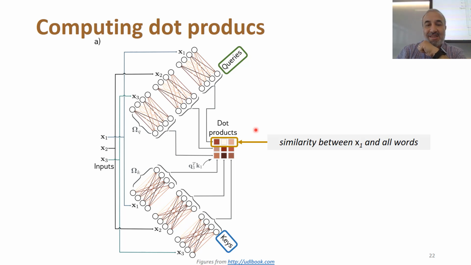So the first row here is the similarity between x1, the first word, and all words. Similarly, the second row is the similarity values between x2 and all words, and so on. You notice that we used the word similarity. Why is dot product considered a similarity?